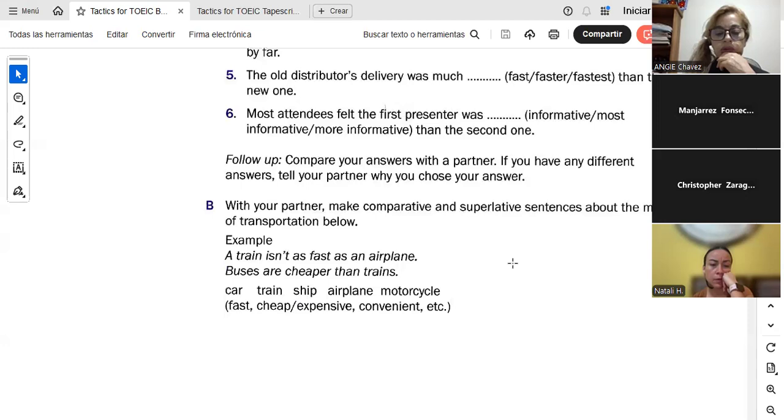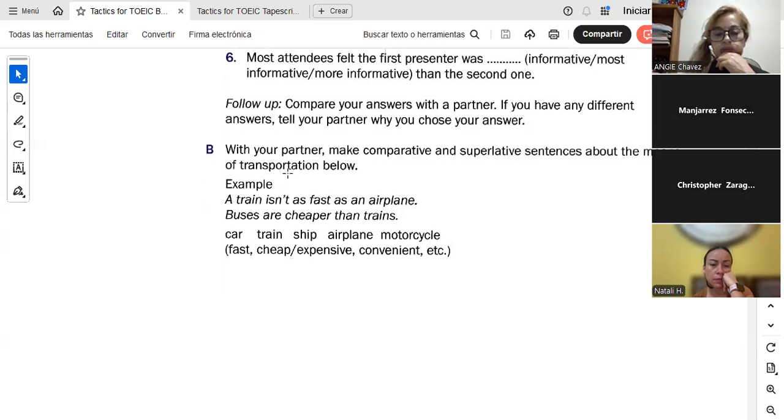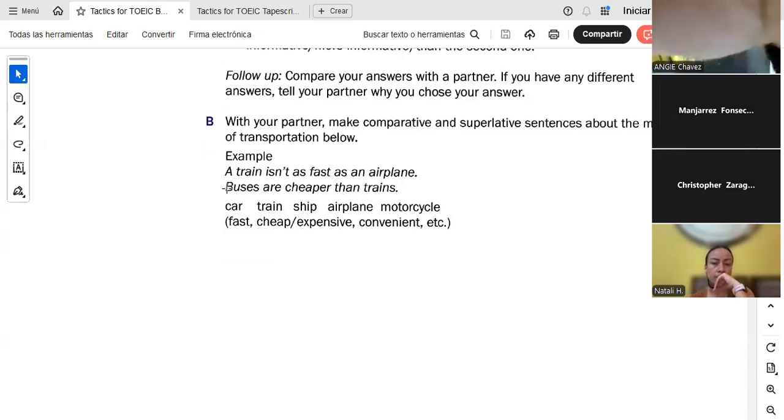Okay. In this case, make comparative and superlative sentences about the means of transport below, guys: a train, a car, a ship, an airplane, a motorcycle. And try to use much, less, a lot, these modifiers of the comparative.